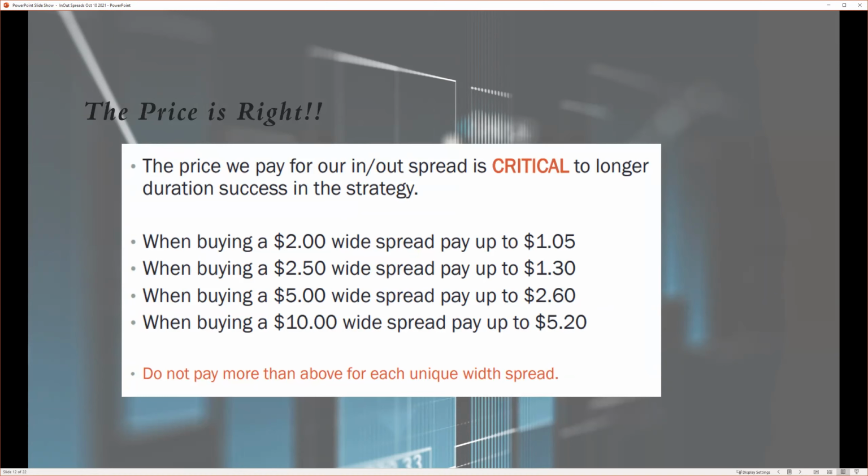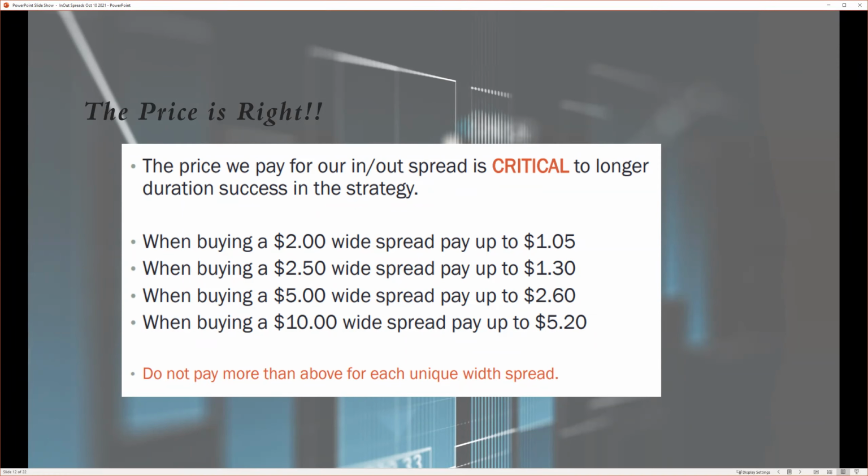So the price is right. Another important thing is that we have to be very careful how much we pay for these spreads, because if we don't pay the right maximum amount, the probability for this trade to be successful and profitable is going to be way less.